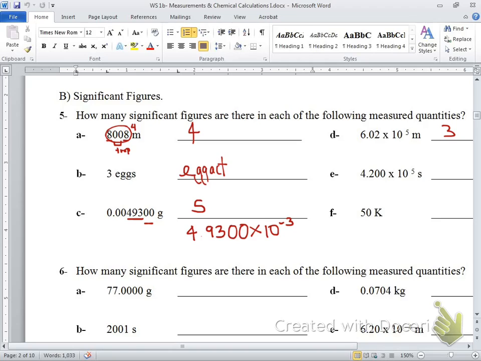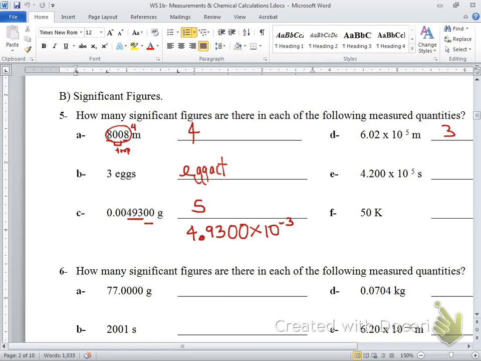These zeros I had to write. Oh, there's a decimal there. Sorry, I've got to get used to drawing big fat decimals. These are trailing, but there's a decimal, so they're significant. If you don't write them, then there are only 3 significant figures. Okay?